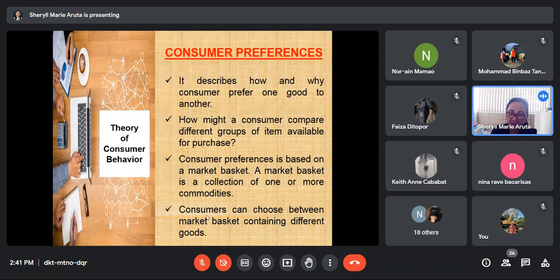The market basket is a collection of one or more commodities that we choose to buy in order to experience utility. So from the consumer's choices between the market baskets containing different goods, the moment you buy a certain product, that's already your decision to experience the idea of satisfaction from the given preferences.